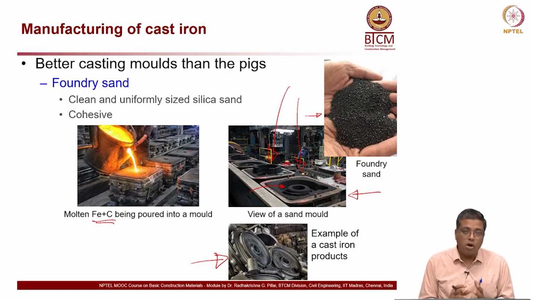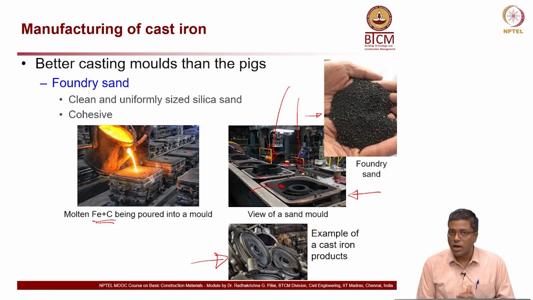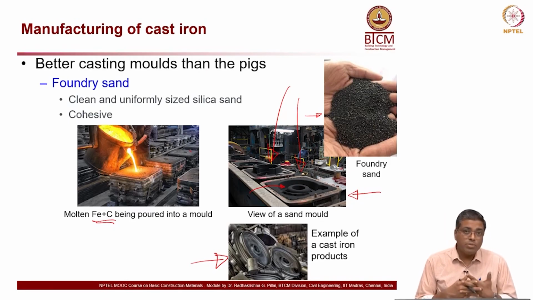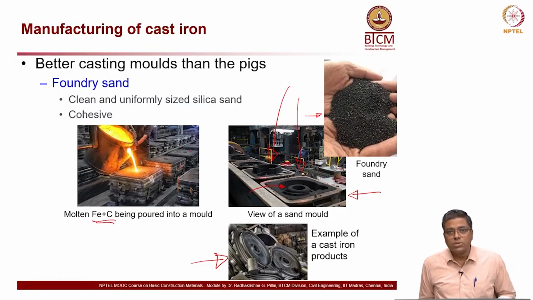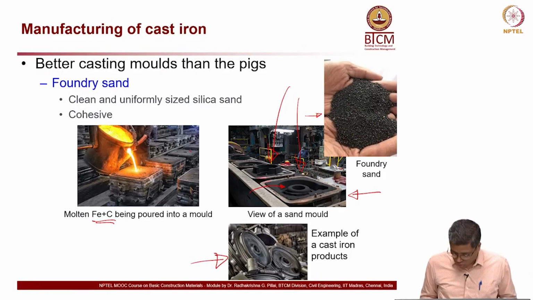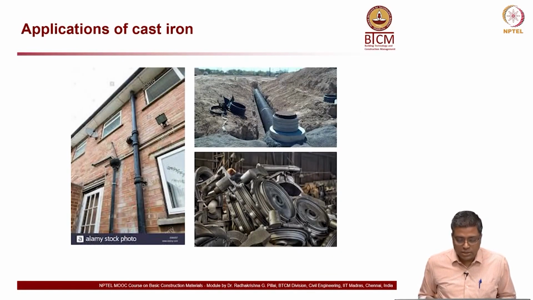So, this kind of complex shape whenever you see, you can think that most often it is made out of cast iron, because you have high strength. Main problem is brittleness. Okay. But still it is widely used in many applications because of the easiness to make it also, to get the complex shapes. So, these are again some of the applications. You can see pipelines, drainage pipes, sewer lines, and then also machine parts.